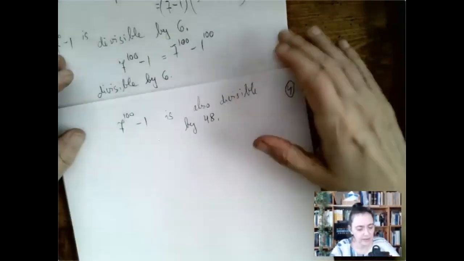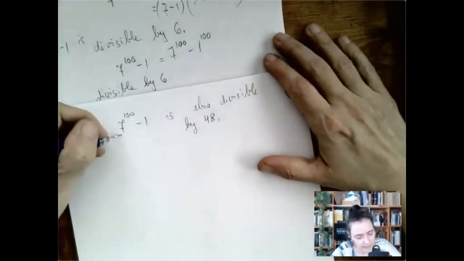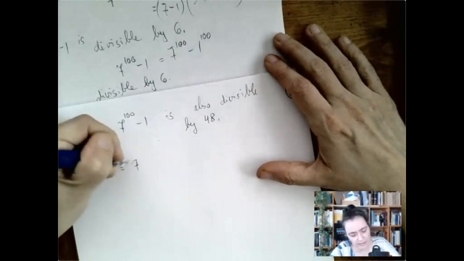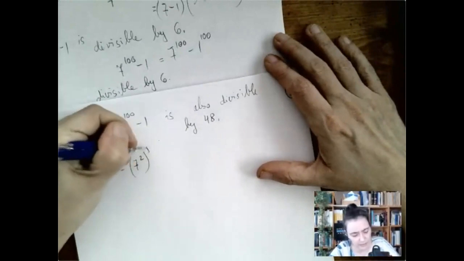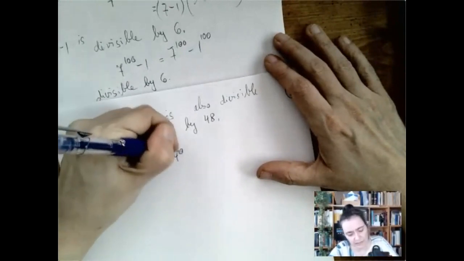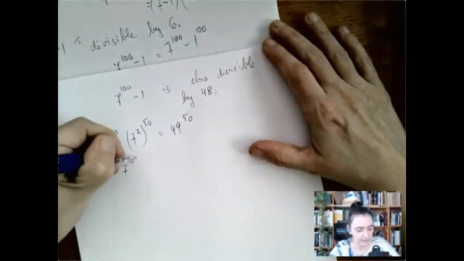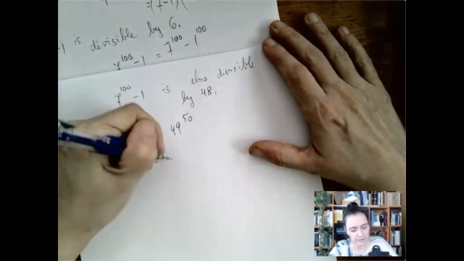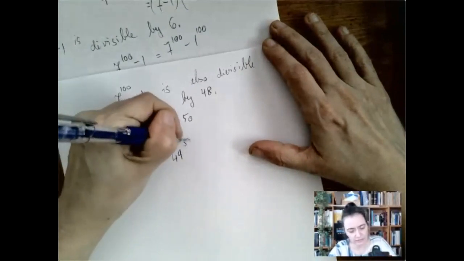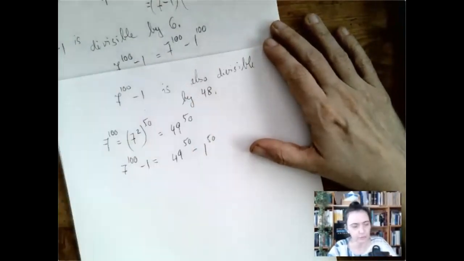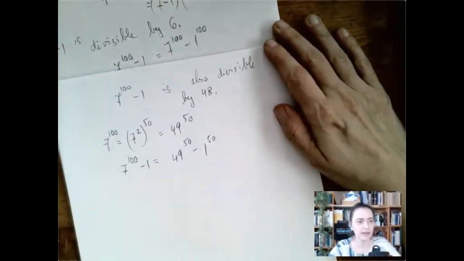Why would that be? Because we can look at 7 to the 100th power as 7 squared to the 50th power, which is 49 to the 50th power. And then 7 to the 100 minus 1 is the same as 49 to the 50th power minus 1 to the 50th, since 1 is kind of cool that way. And that's divisible by 48.